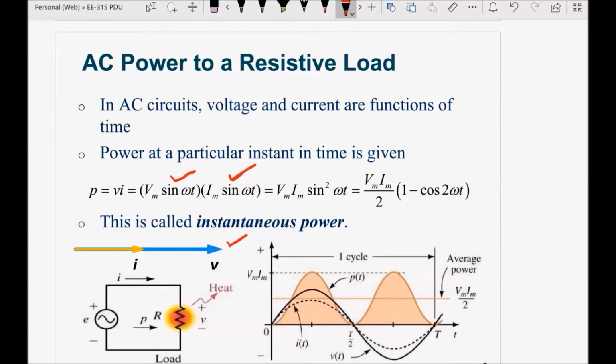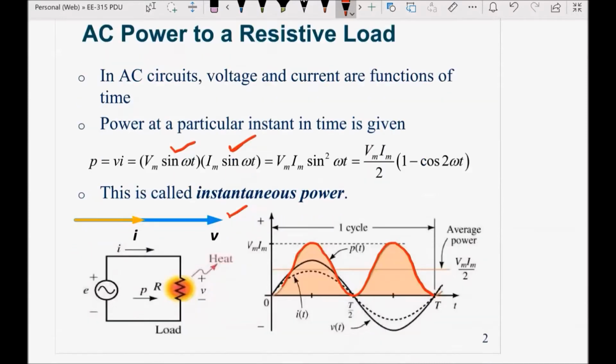The power dissipated in the circuit, which is the product of V and I, can also be seen in the graph. You may notice that the power does not go negative, because in the negative half both current and voltage are negative and the resultant power is positive. So our power is going to stay positive when we have a pure resistor as a load.